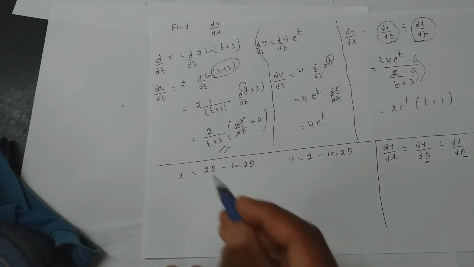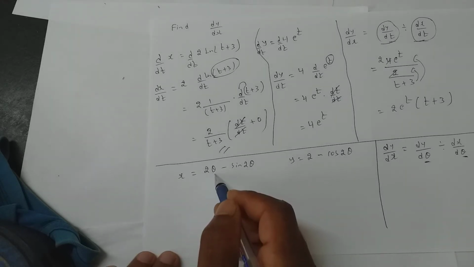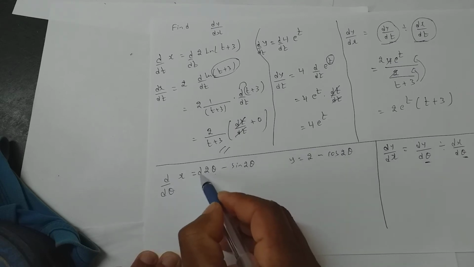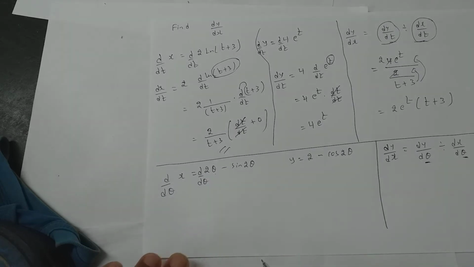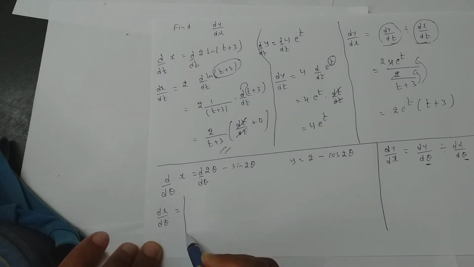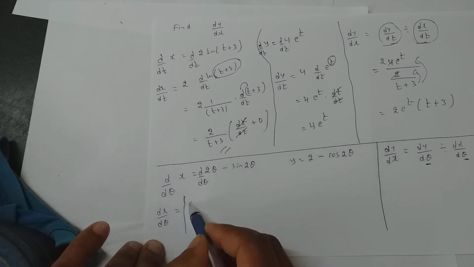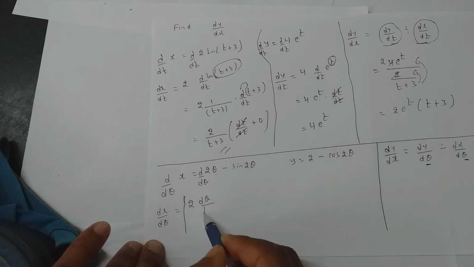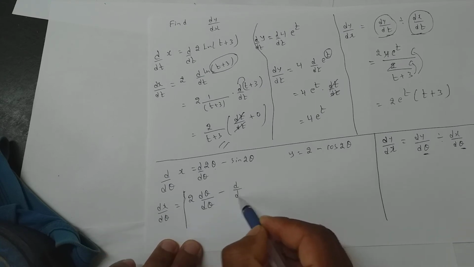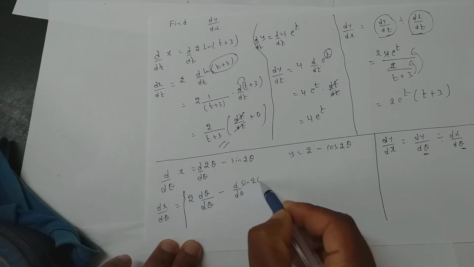That's it. Now I need to differentiate on both sides with respect to theta. So place d by d theta on both sides. So what do I get now? Dx by d theta on this side equal to 2 will come out. It becomes d theta by d theta minus d by d theta of sine 2 theta.